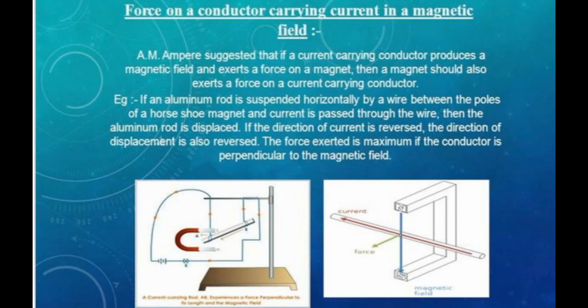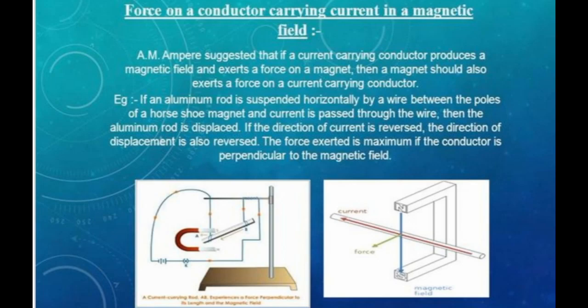Now we will be seeing the next topic, the force on a current carrying conductor placed in a magnetic field. As we have studied in class 9 about Newton's laws of motion, according to the third law of motion, every action has an equal and opposite reaction. In the starting of the lesson we discussed that current can produce a magnetic field.